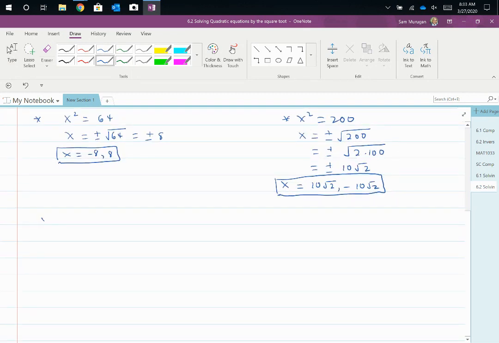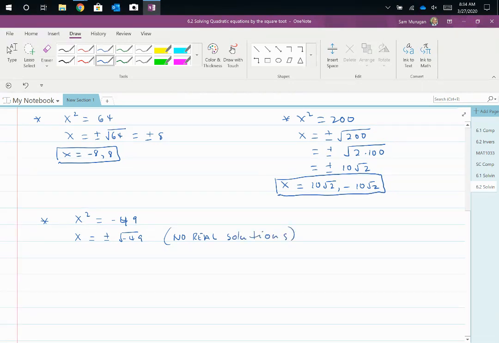If you've got, say, x squared is equal to negative 49, so now we know about complex numbers or imaginary numbers. So x is equal to plus or minus the square root of negative 49. At this point, this has no real solutions.